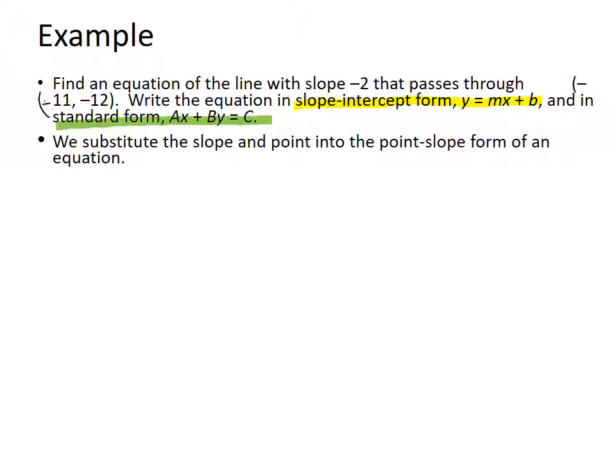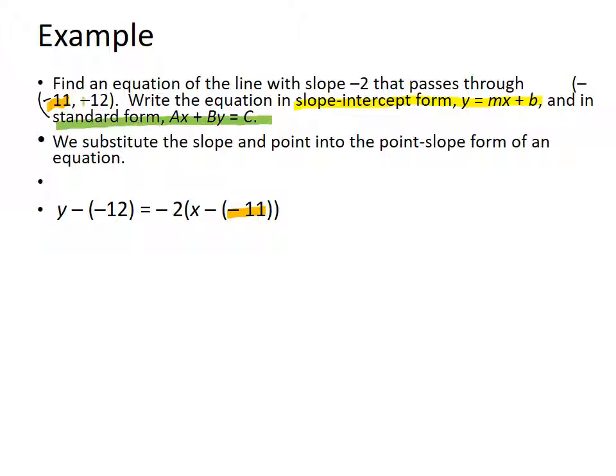So we're going to substitute the slope and point into the point-slope form. The reason why I know this is where things go, if you look right here, this would be my x1, because it's my given x. So this would be my x1, which is why it says -11.